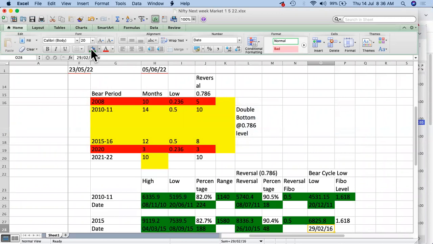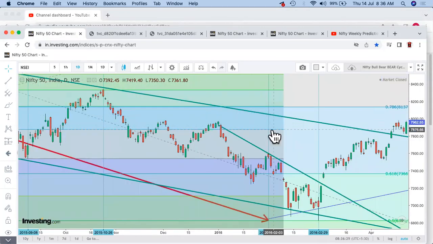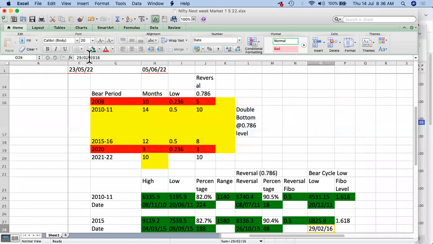6825.8 and the date is 29th of February 2016. 29th is the leap year, so at the end of the leap year we got a completion of the bear cycle.